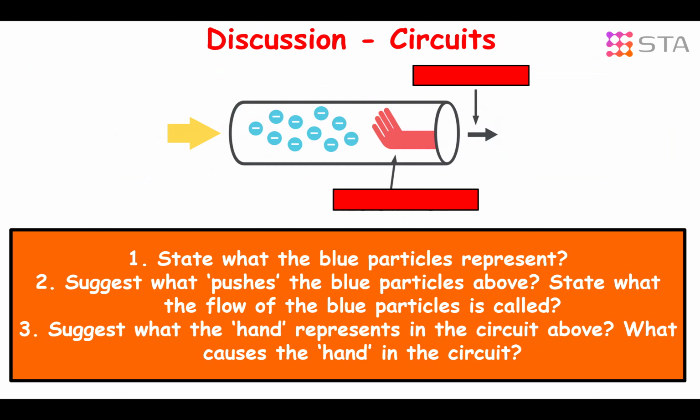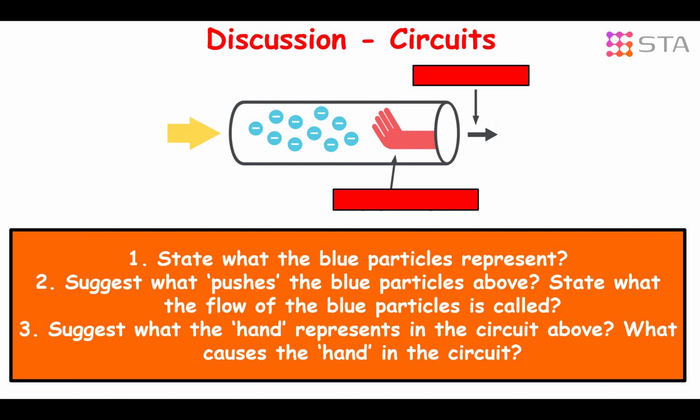Okay, so I have a diagram there, and two of the labels are obviously covered up, and we've got some blue particles. So just have a think for a moment. Number one, what do the blue particles represent? Number two, what is pushing the blue particles above? And what is the flow of the blue particles called?